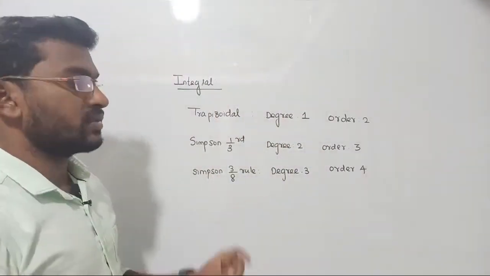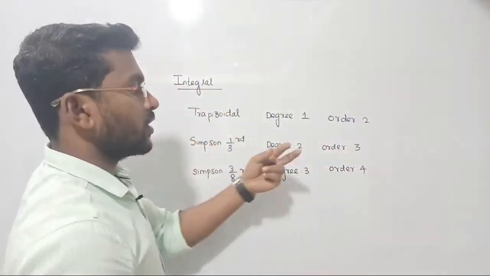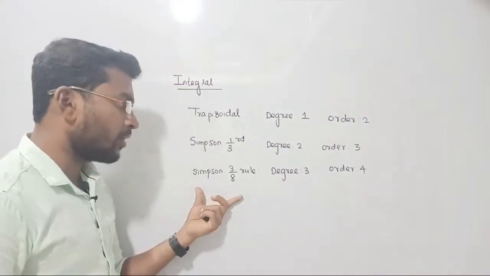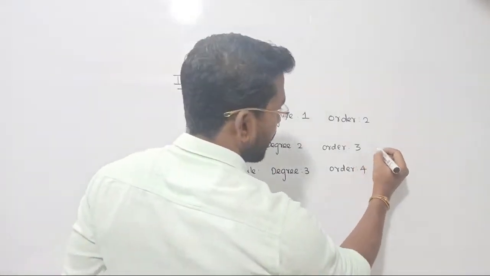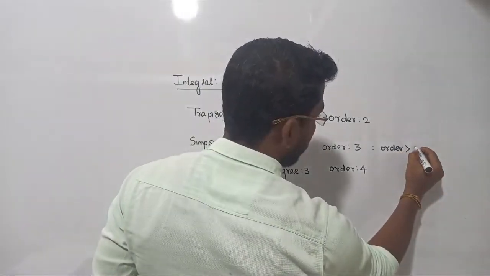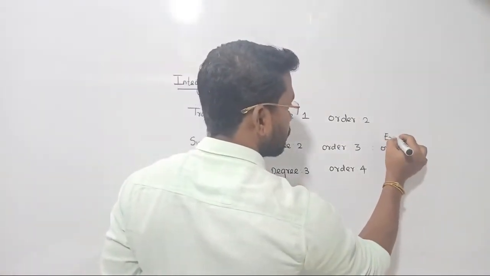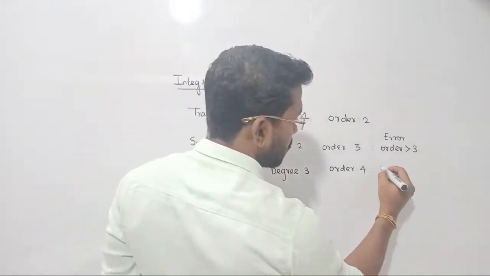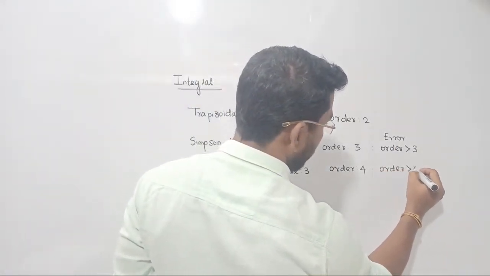These are the correct things, right? If you go beyond 3 in Simpson's 1/3 rule, then you might face error. If you go beyond 4 in Simpson's 3/8 rule, then you may face error. So according to that conclusion, when the order of the system becomes greater than 3, there is a chance of getting error, and again when it becomes greater than 5, there might be a chance of getting error.